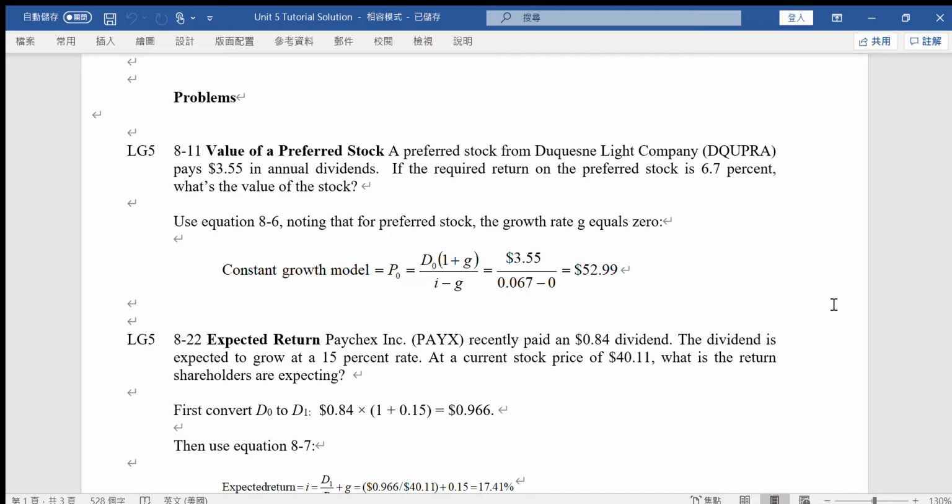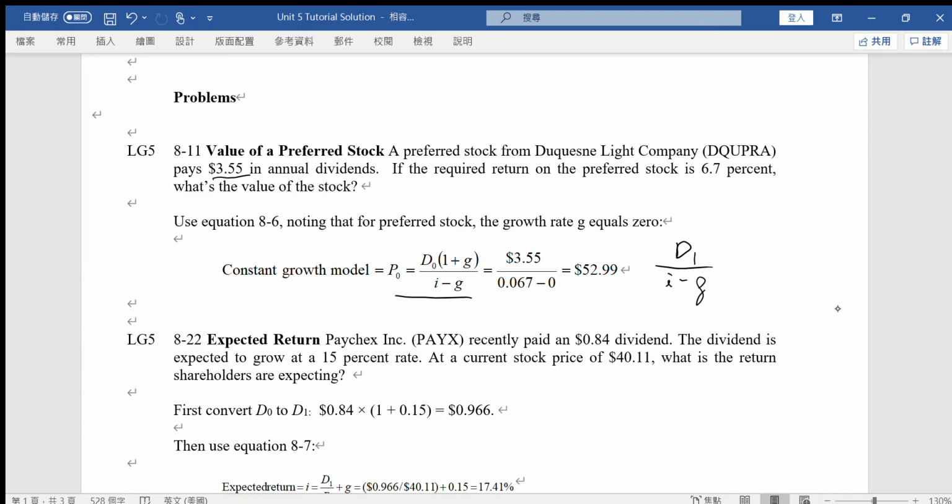Okay, that's why we can adopt this formula. As we all know that the company will give 3.55 annual dividend, that is D1 already. That means for year 1, 3.55 will be given at the year end, and that is D1. Because of that, we can make use of the formula D1 over I minus G, right?